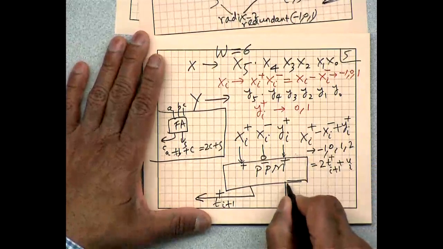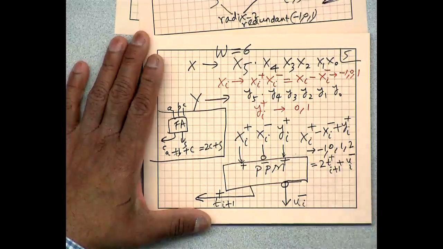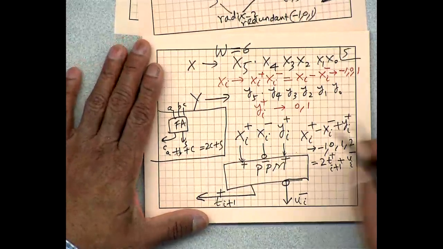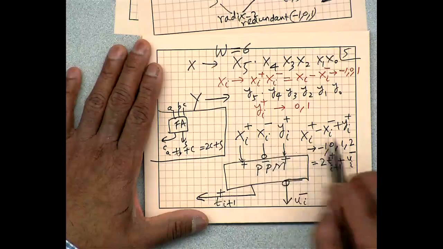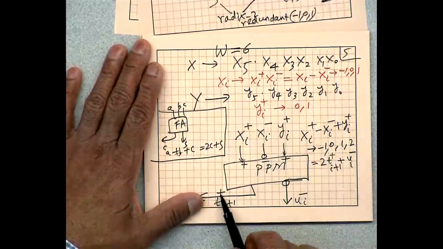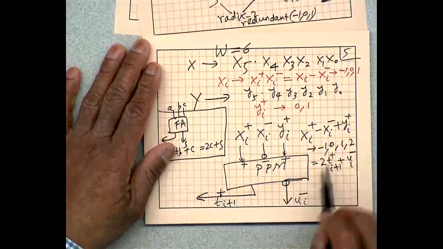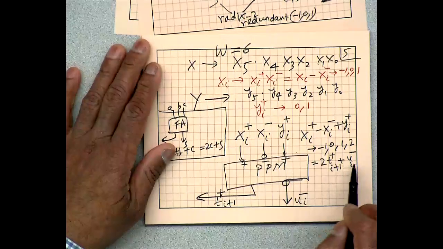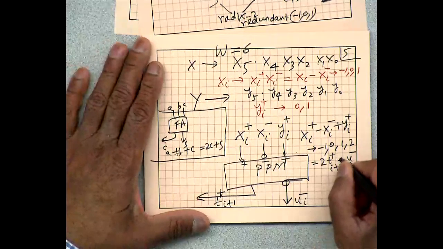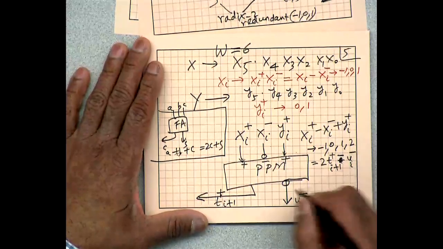So I can place a bubble here and call it minus, and that's a negatively weighted bit. So xi plus minus xi minus plus yi plus is equal to 2 times the transfer digit to the next place, positively weighted, minus ui, negatively weighted.